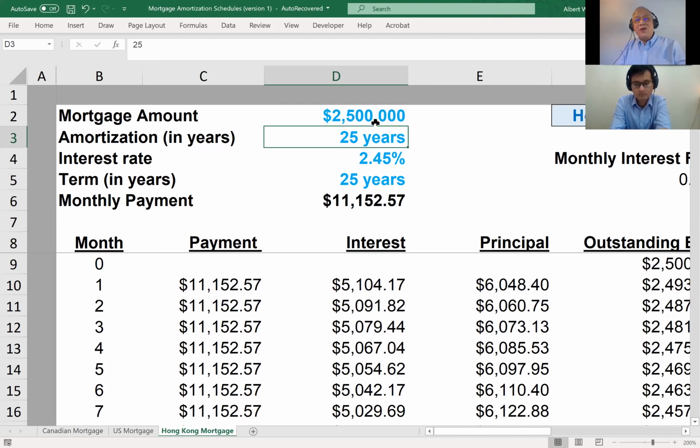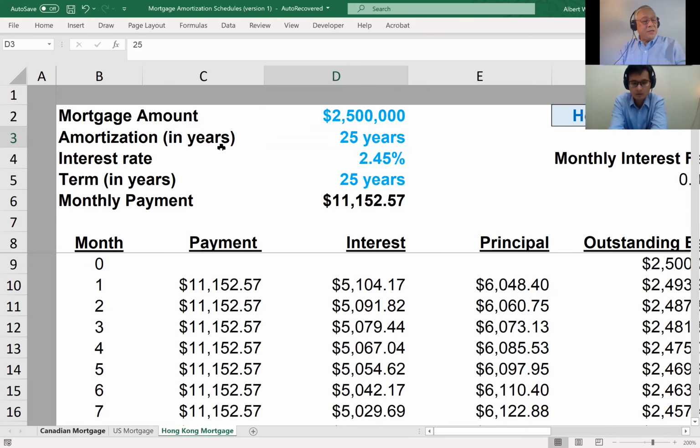Obviously, the mortgage amount is a much bigger number because they have much higher real estate prices, and of course, the exchange rate. The way that the interest is calculated is exactly like the U.S. So different countries have different ways of calculating, but primarily Canada is different from other countries.